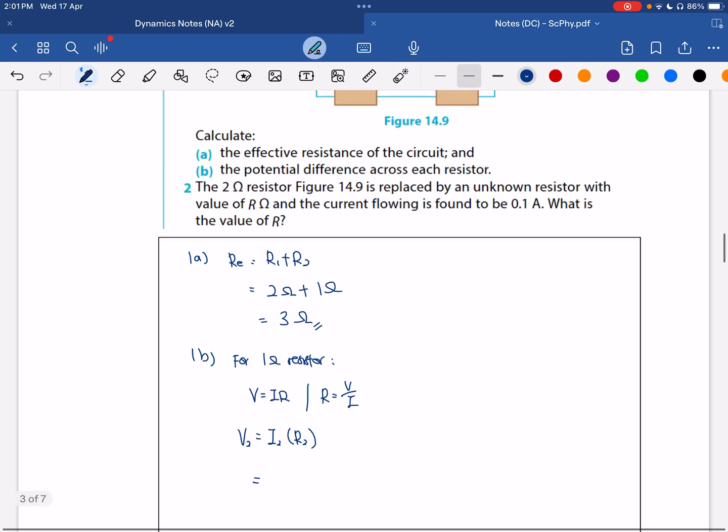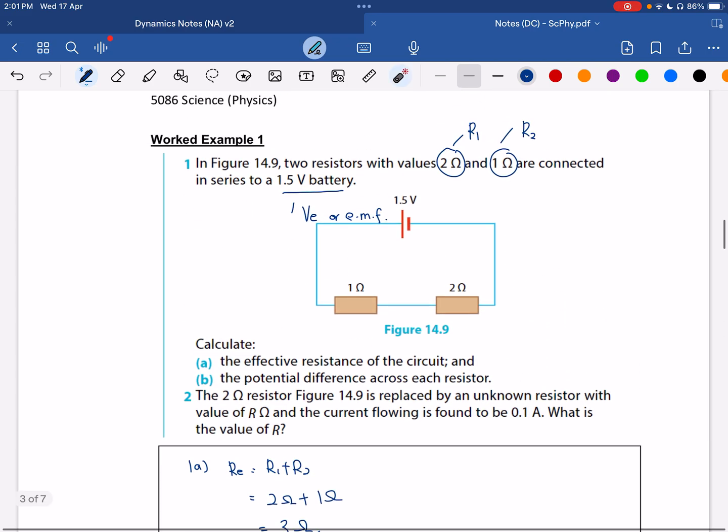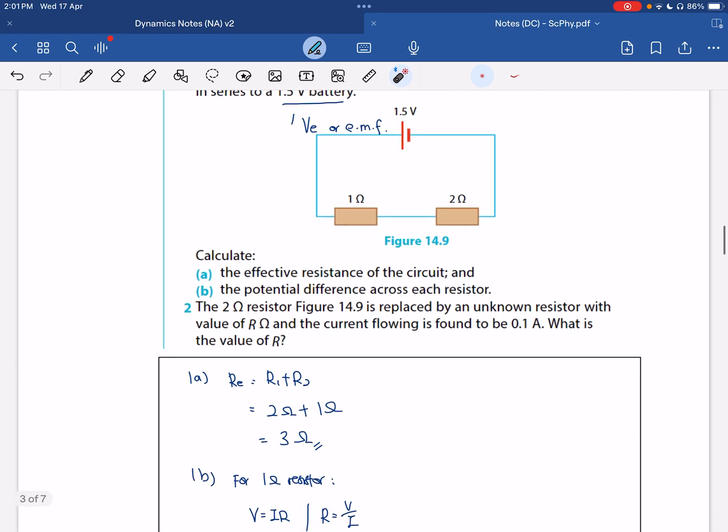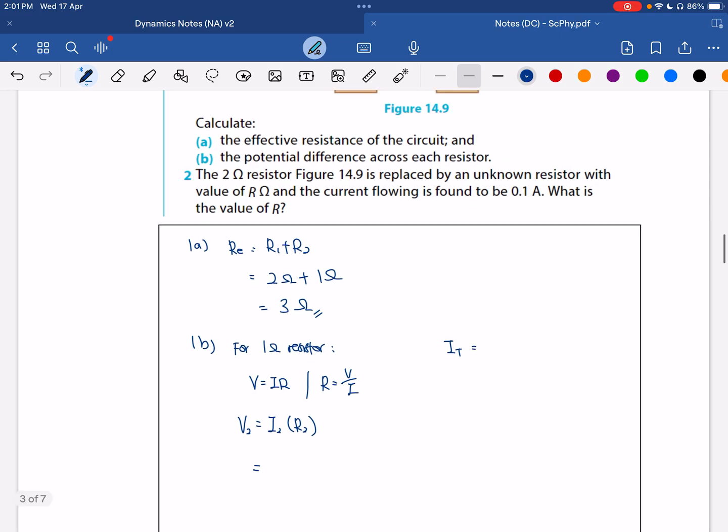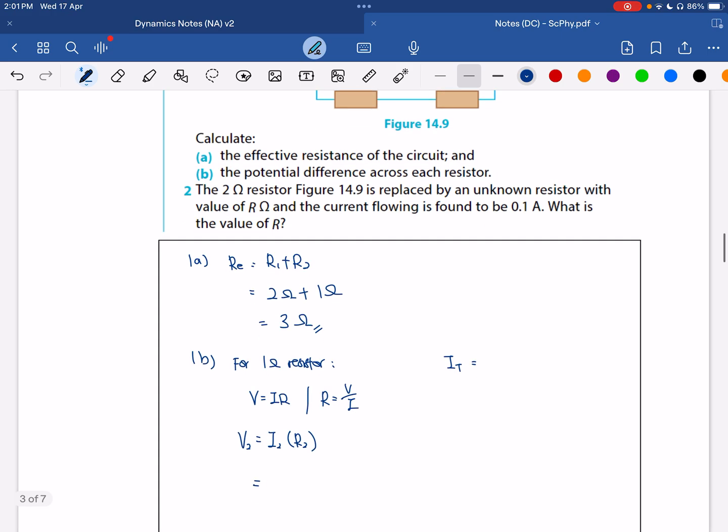Since the current is the same at every point, we can calculate the current across the entire component. So a side thing, the total current from the circuit: VE equals IT times RE.